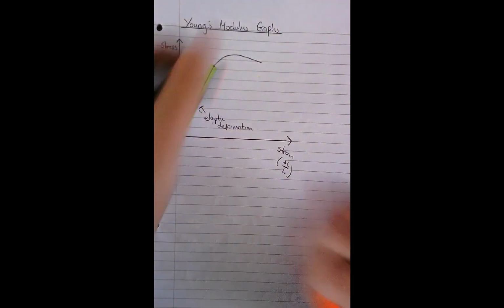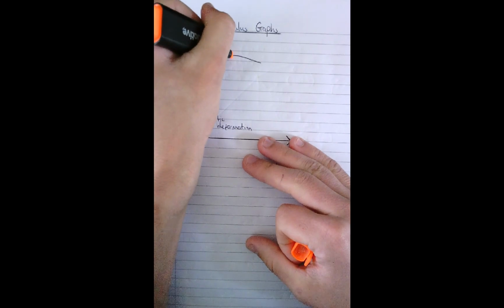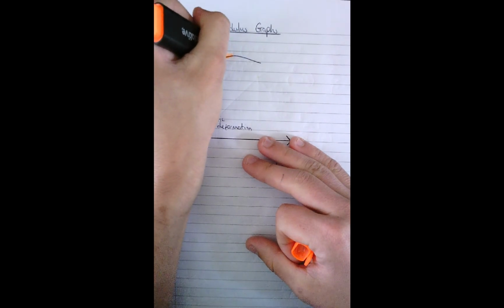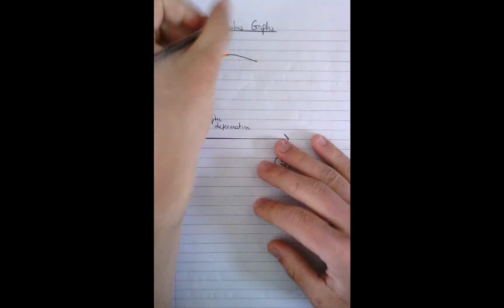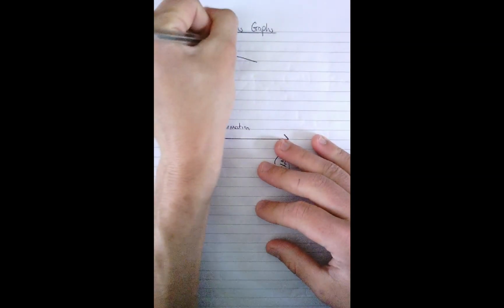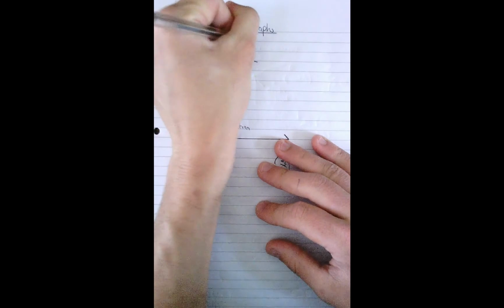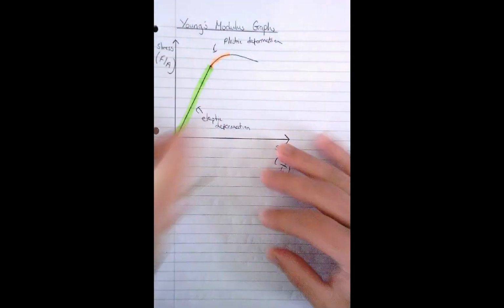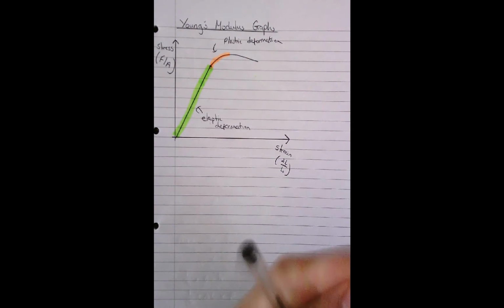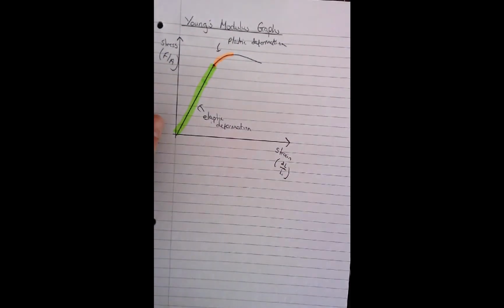And then after this period, you've got this section here. So we've had the elastic deformation, and this is going to give us the plastic deformation. Remembering that the plastic deformation is when the material is no longer going to return to its original length. It's going to be permanently deformed.